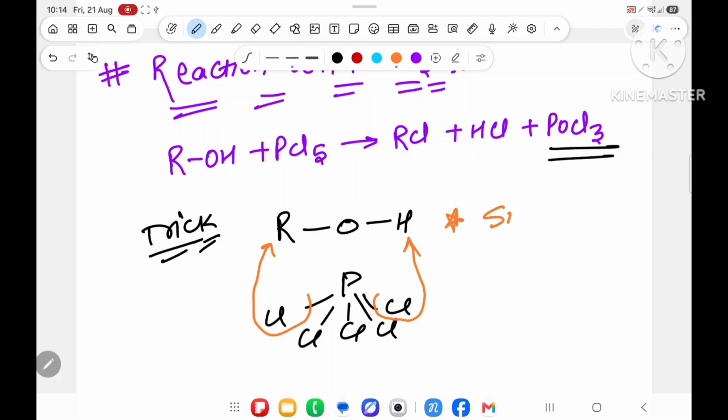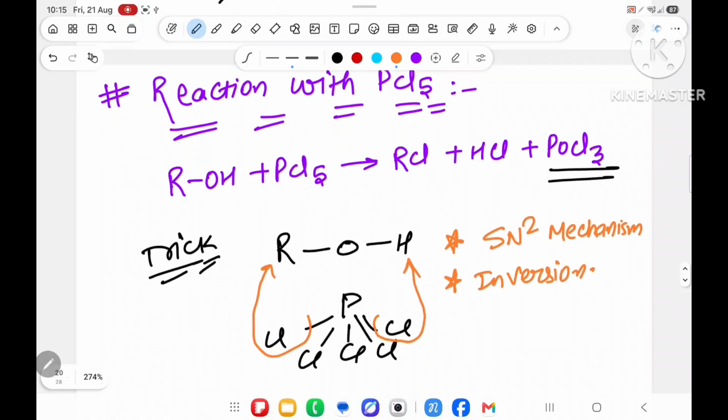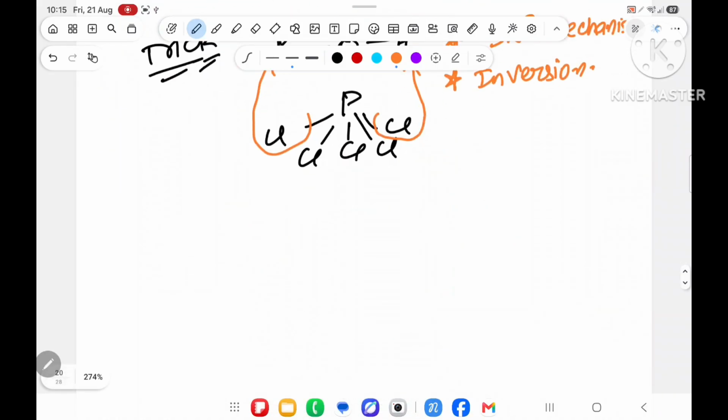So this will also follow the SN2 mechanism, and it will also give inversion. Understood the point? It means the backside product is coming. Reaction with PCl5 is also done. SN2 written means you understood it.